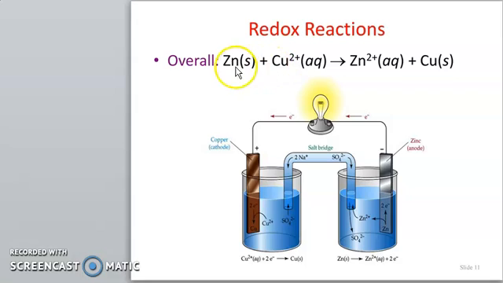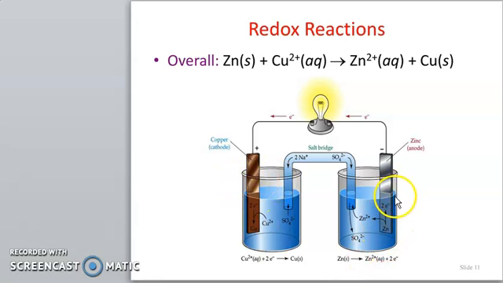Both these reactions take place simultaneously and equally, and form Zn2+ and copper. And this is overall the redox reaction.